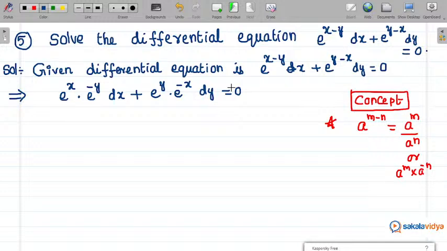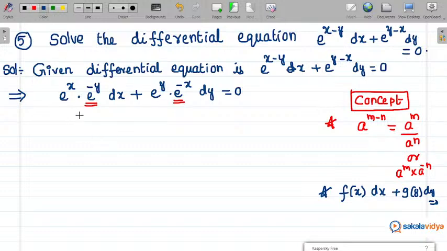In order to put it in the form f of x dx plus or minus g of y dy is equal to 0, the first term should be exclusively a function of x only, but here we have e power minus y. The second should be exclusively a function of y, but here we have e power minus x. So multiply by both e power minus x and e power minus y.